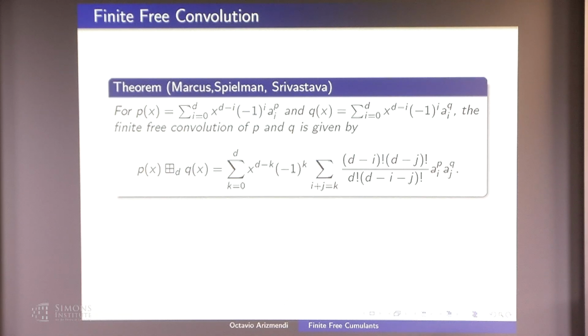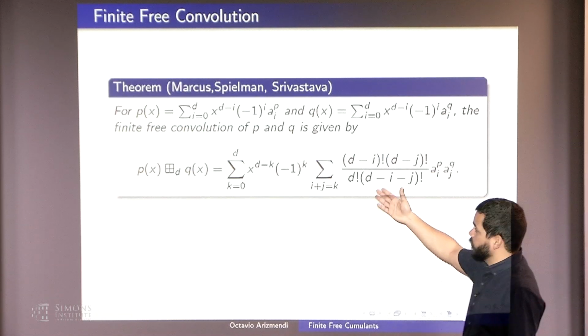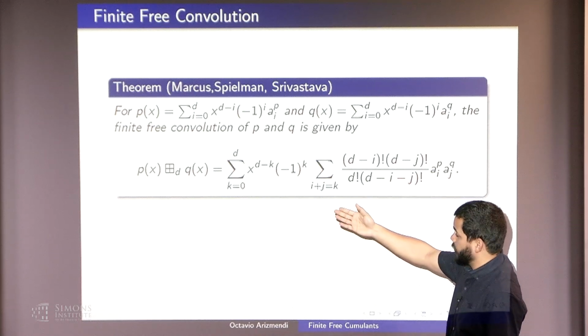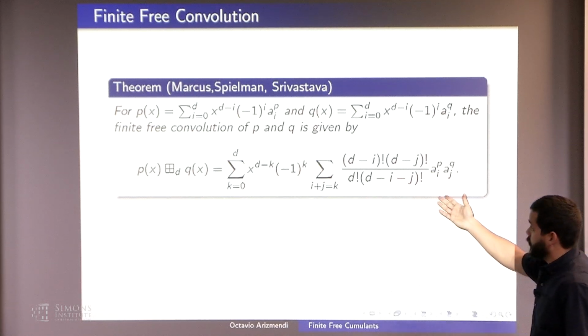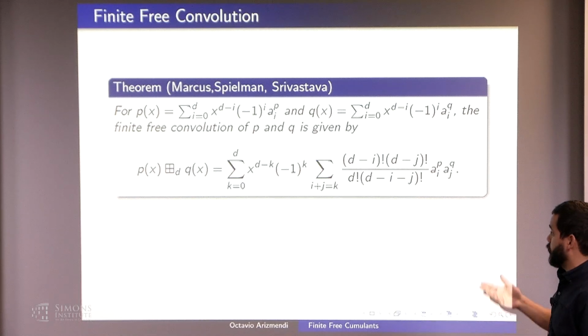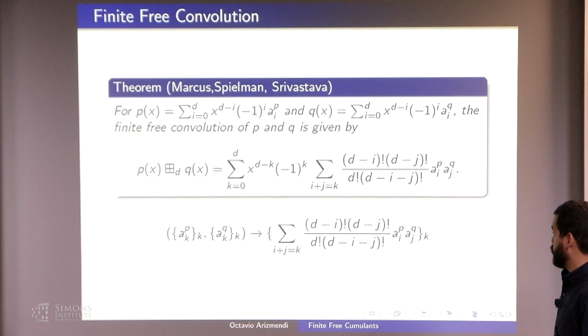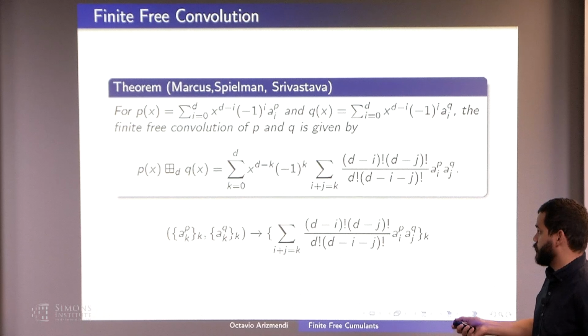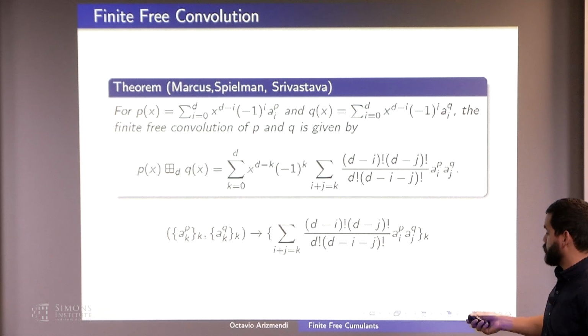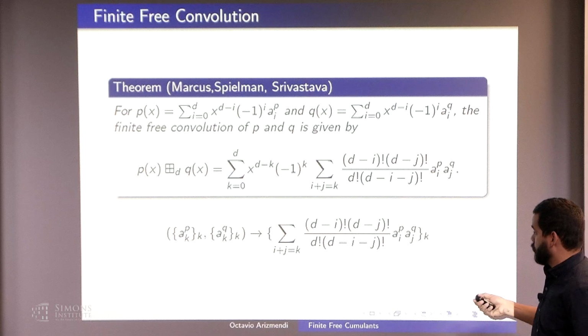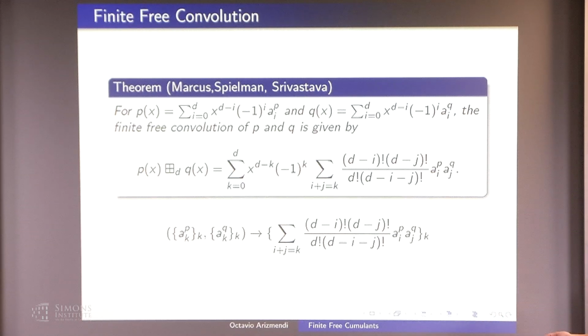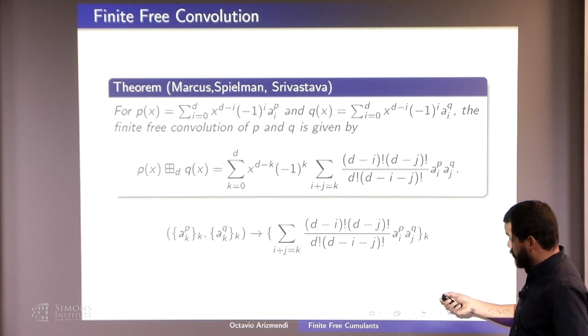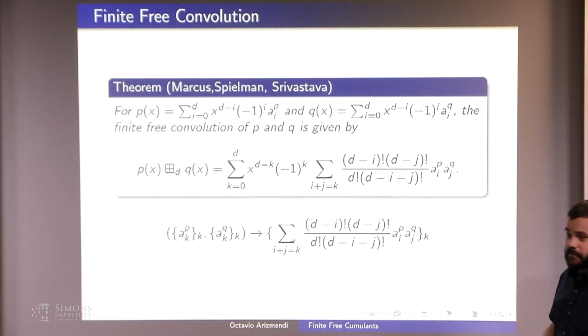Actually, there is an explicit formula for the coefficients of the finite free convolution, and this was already studied by Walsh and others a long time ago. So what we're saying is that we go from these coefficients to this convolution formula for the coefficients. And here these factorials actually play a big role in the calculations.